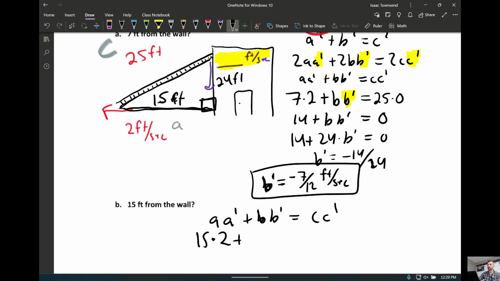Oh, no. No, it's something smaller. It's 20. C is still 25, and C prime is still 0. Everybody okay with that? Oh, yeah, you're right.